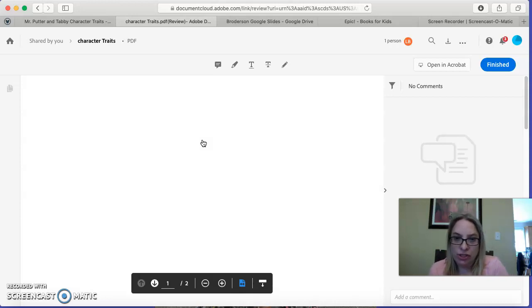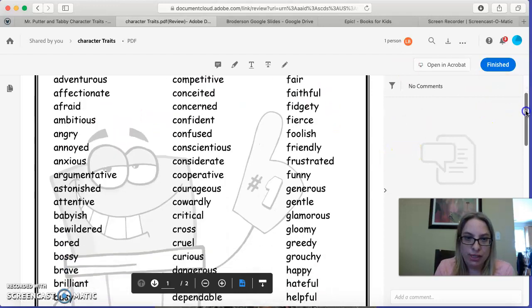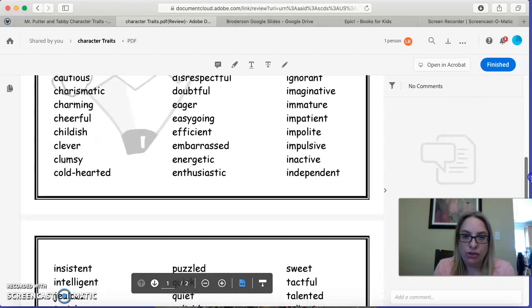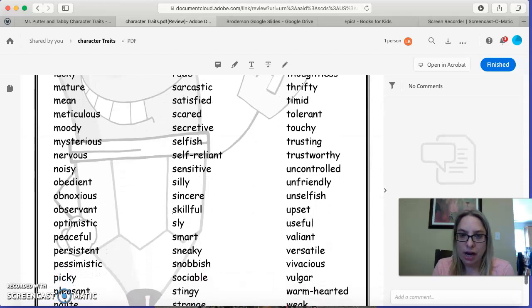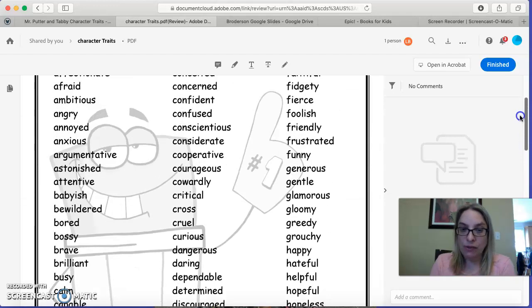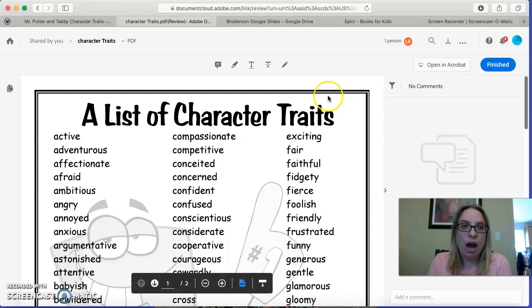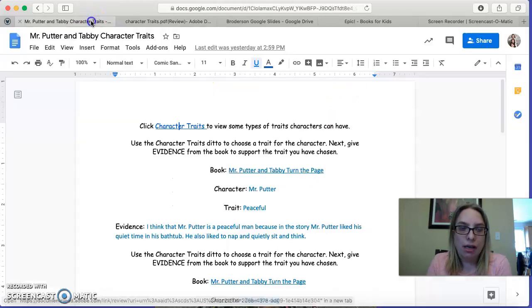You are going to look through all of these character traits, think of one of the characters, and pick one of the traits. If you think of one that is not on the list, that is fine as well. It does not have to be.